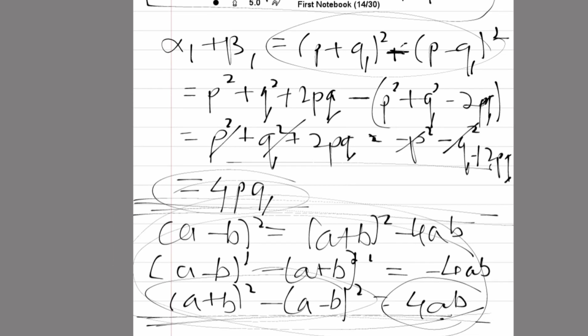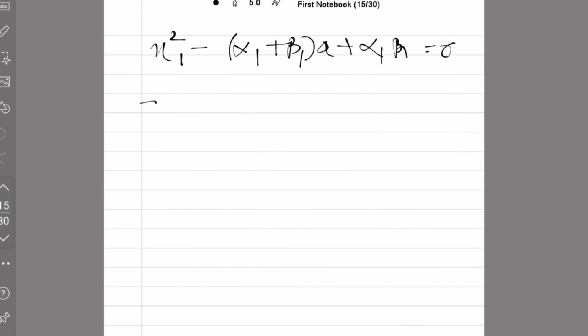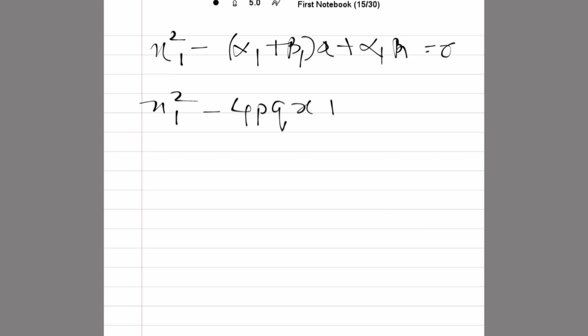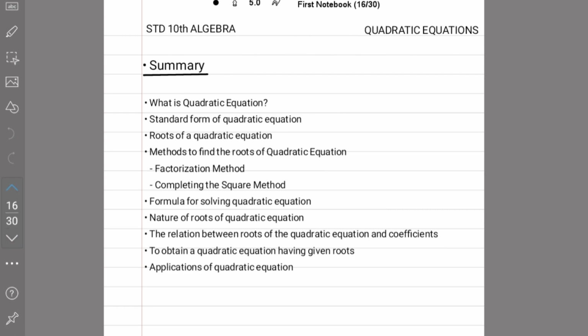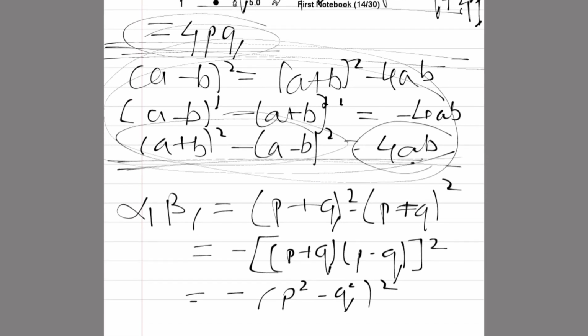Now we have alpha 1 plus beta 1 is equal to 4pq. So x1 square minus 4pq x plus, the value which I have got here is minus (p square minus q square) whole square.